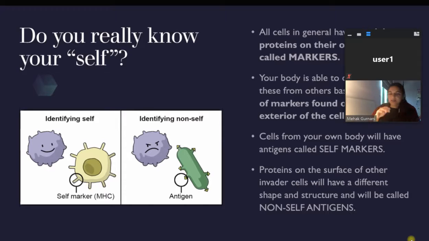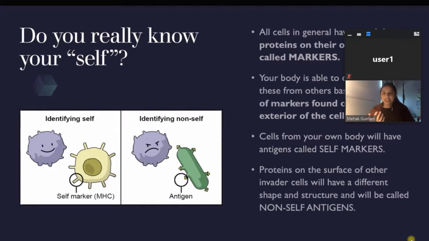Cells have very special proteins on their surface that are called markers. These are little structures that surround the outsides of cells. This is a very important function in helping cells realize whether it's a cell of their own body or a foreign object.